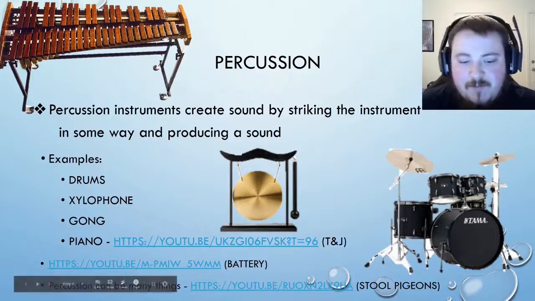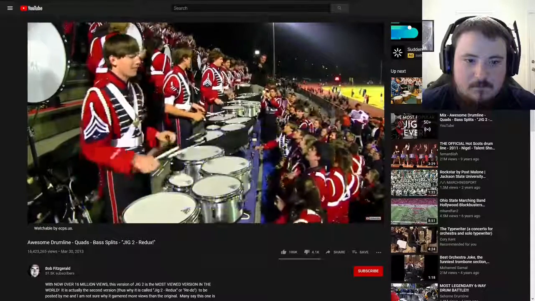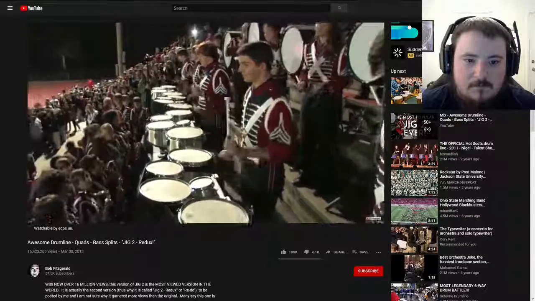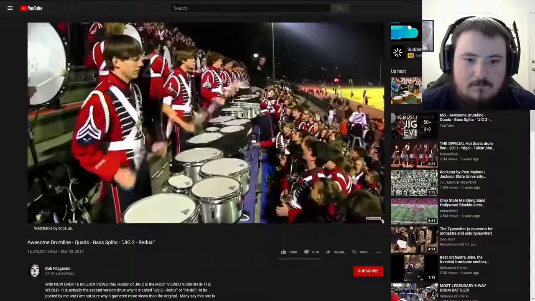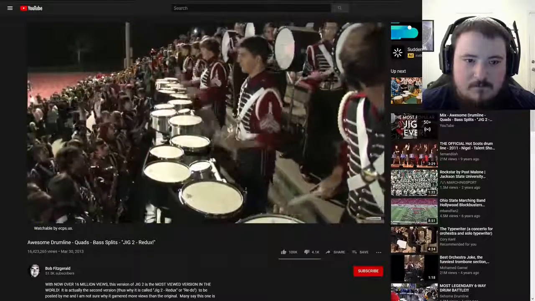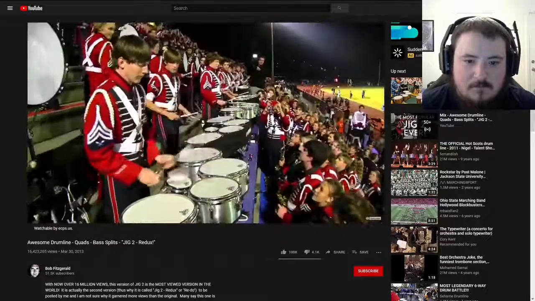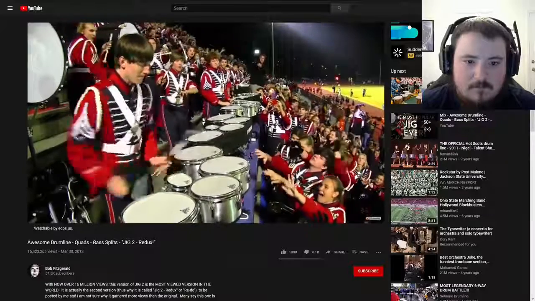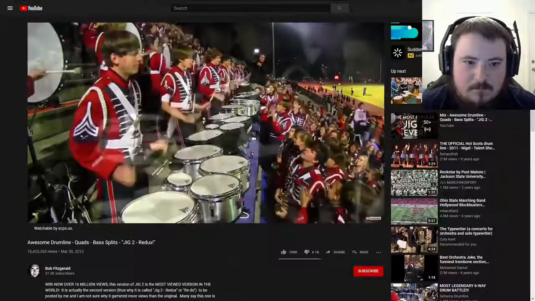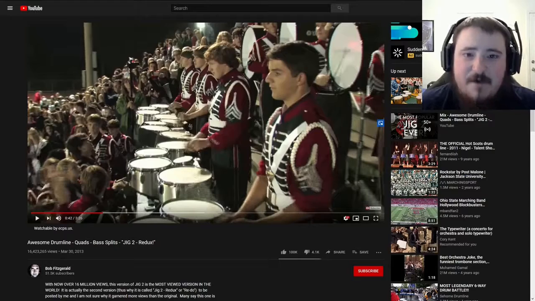Here's another example of percussion in action. So for all of these drums here, they all are hitting the drums to get the sound out of it.